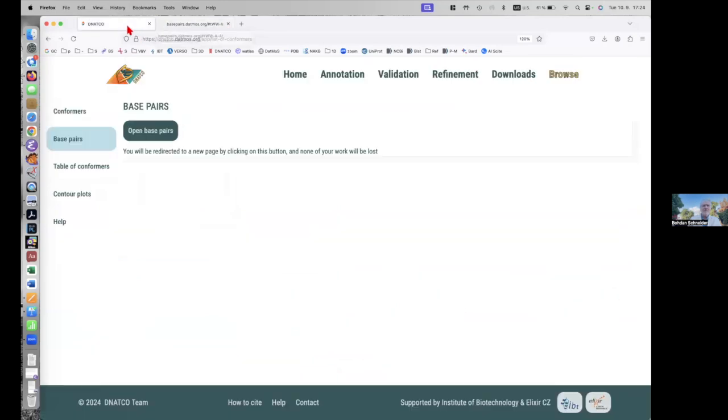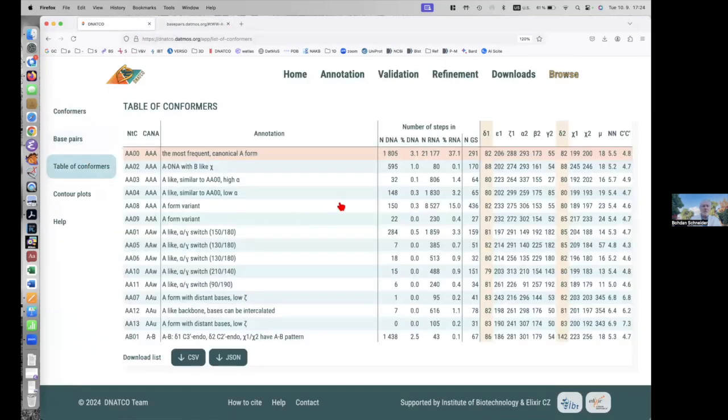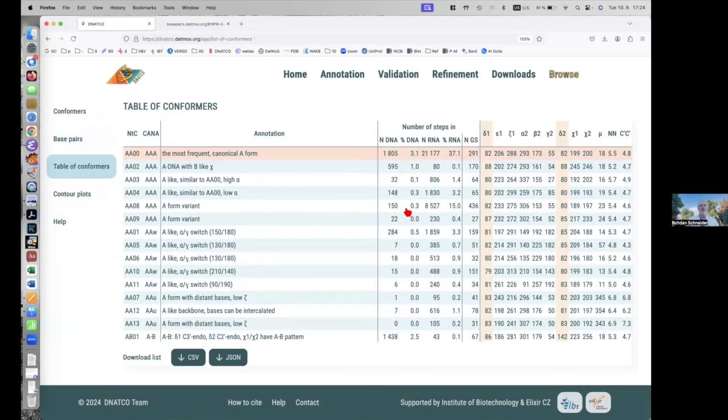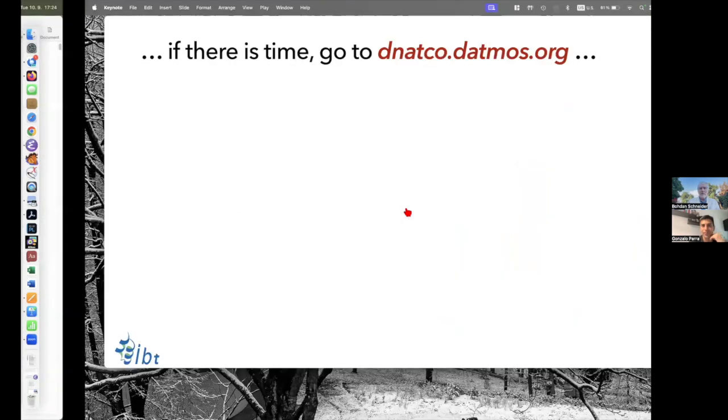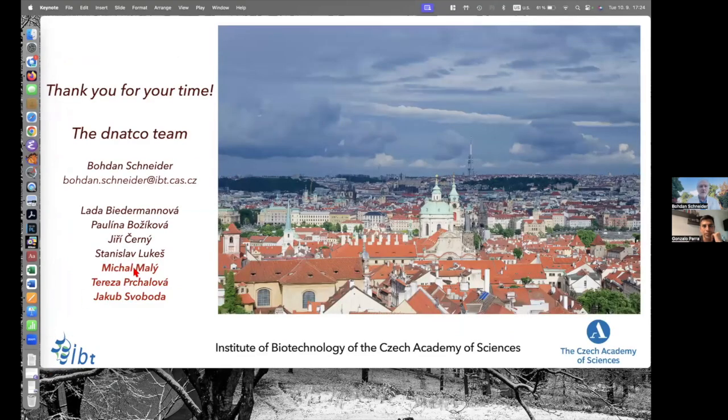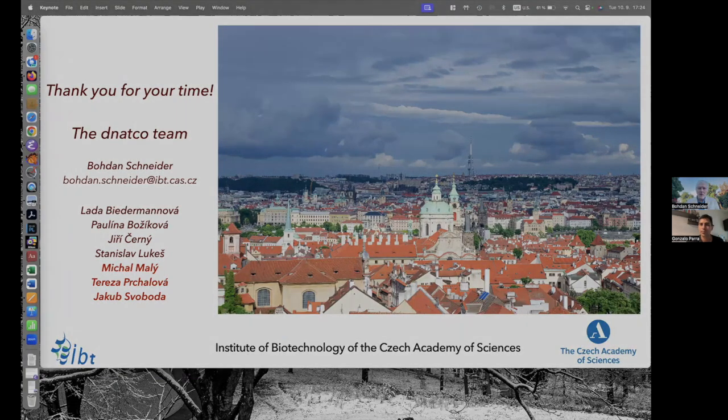The table of conformers is this detailed table of all these 96 guys. I should not really talk more because my 20 minutes are over, so I'll thank you for your time and maybe if we have questions, I can try to answer them.